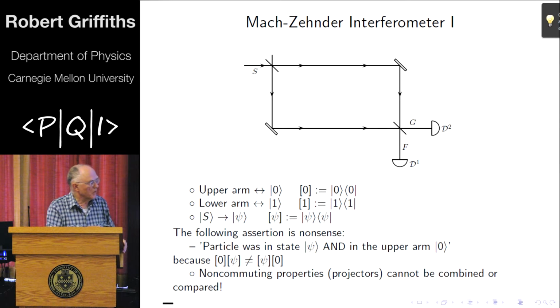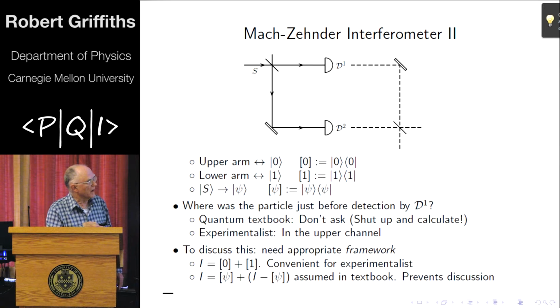To put it in other words, when things don't commute, you are over into the border of quantum mechanics. Classical mechanics is where the projectors all commute, the ones you're interested in, for all practical purposes. So the non-commuting properties you cannot compare.